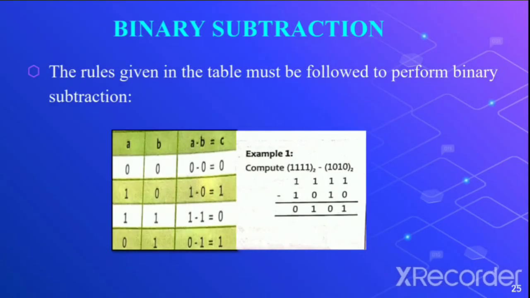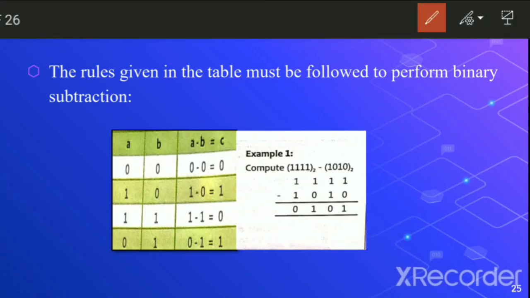The next operation that we have is binary subtraction. The rules for subtracting binary digits are given in the table. 0 minus 0 is 0. 1 minus 0 is also simple, it is easy to remember, 1 minus 0 is 1.